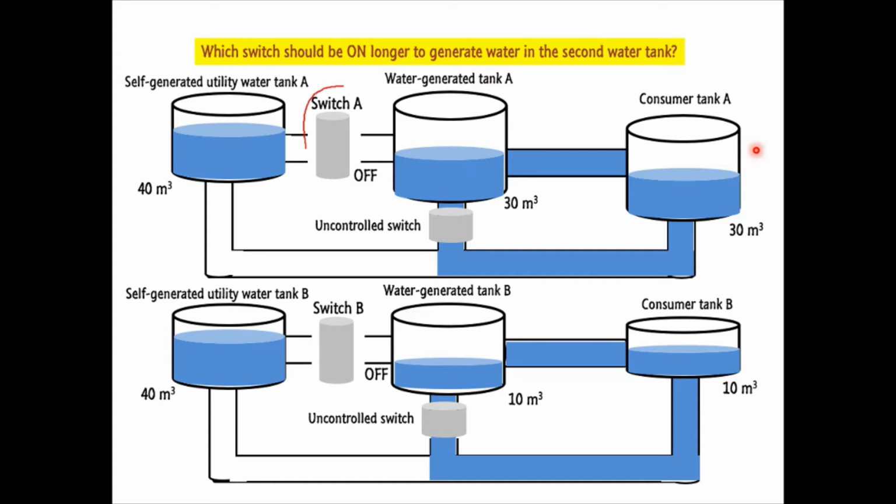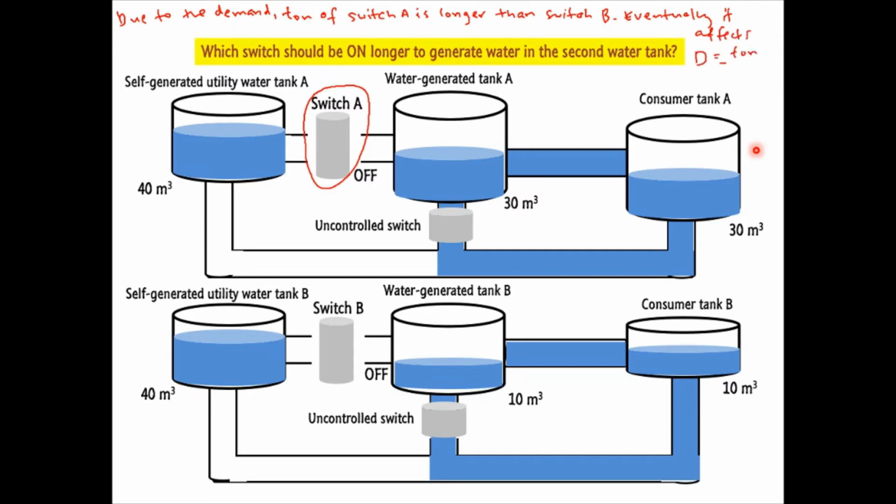The answer is A. Due to the demand, the turn-on time of switch A is longer than switch B. Hence, it will affect the duty cycle of the switch, since the turn-on time is directly proportional to the duty cycle of the power switch. Based on these two systems, switch A has a higher duty cycle than switch B.